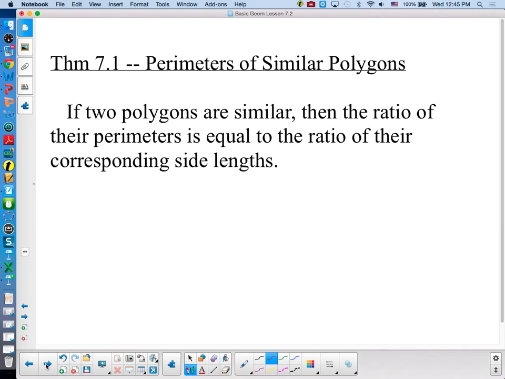Okay, the theorem that ends that part of our lesson is about the perimeters of similar polygons. So we need to switch from reviewing. Perimeters of similar polygons: if two polygons are similar, then the ratio of their perimeters is equal to the ratio of their corresponding sides.